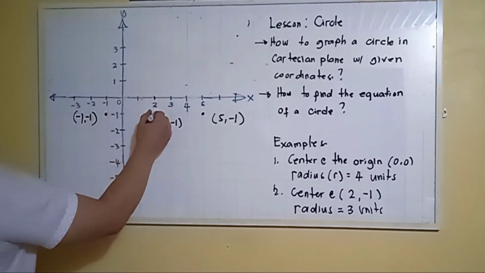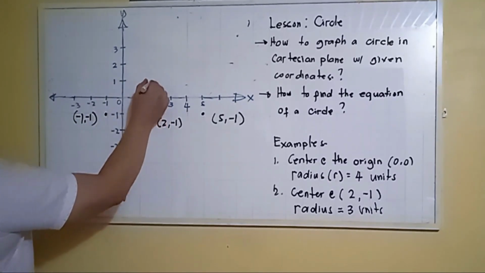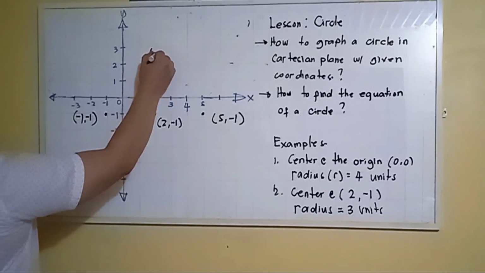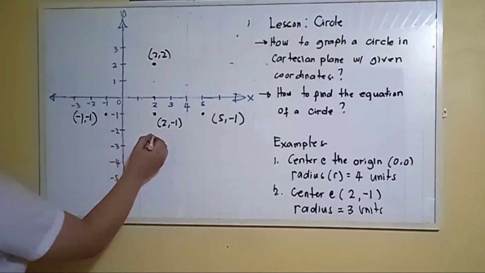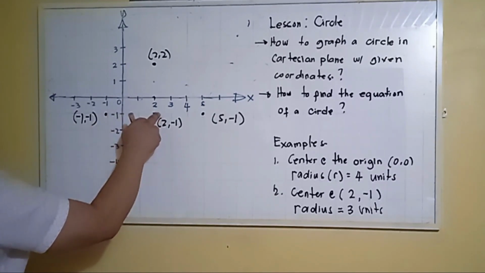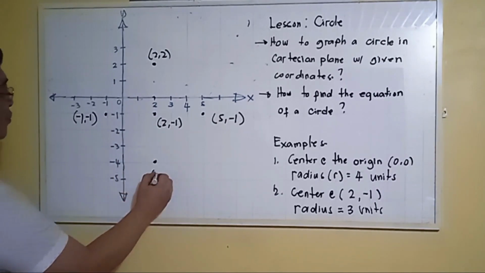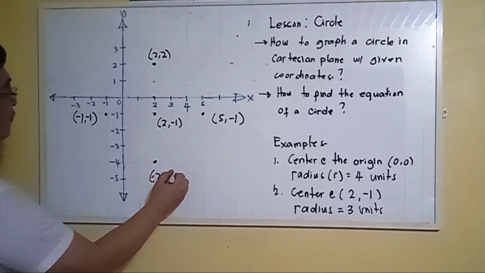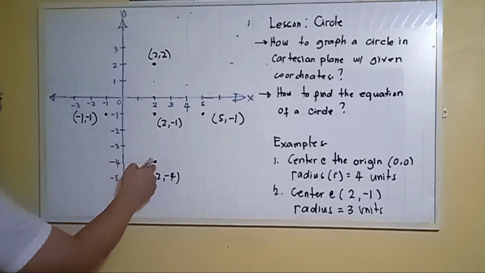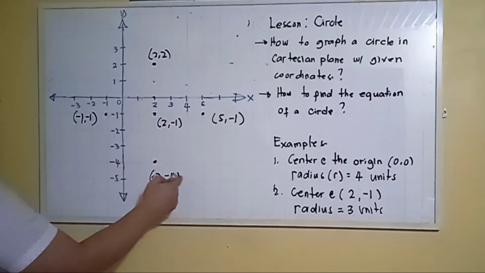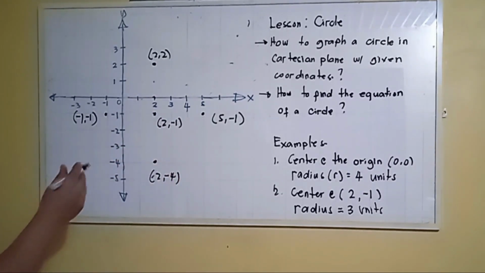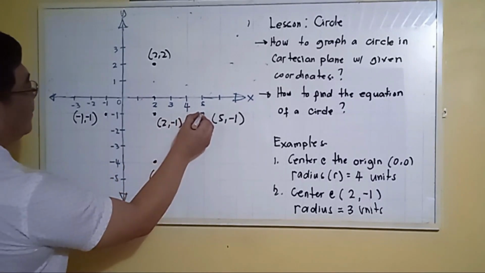Then upward, galing dito sa center, 1 to 3 is 2, 2. Pababa naman, galing dito sa negative 1, 1, 2, 3, ito siya, is 2, negative 4. So, yung x is 2, y is negative 4. Then, again, i-connect na naman natin yung lahat ng points na nakuha natin para makabuo ng circle.